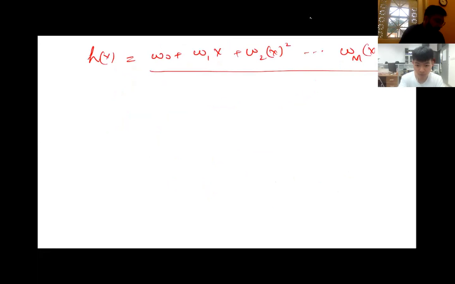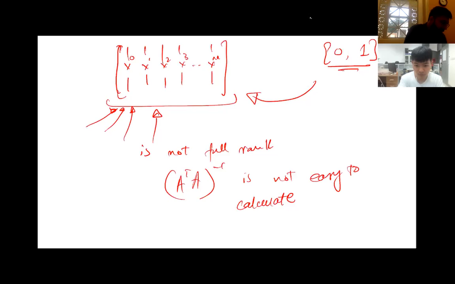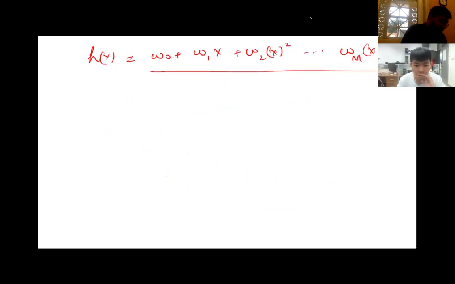We saw that all we need is these bases to be independent. We can choose any bases as long as they are linearly independent of each other. We should be good to go. So what else can we use here instead of these x powers? What could be a good basis? Any ideas?